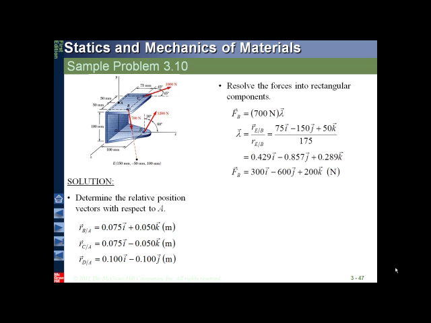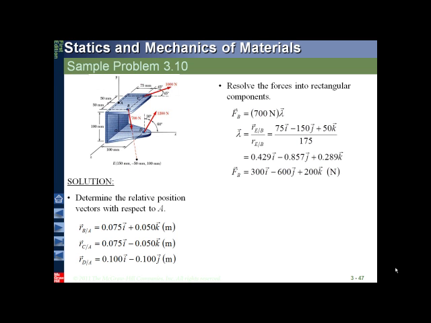In this one, if we take our force vector at B, since it does not act in a plane, it acts along some direction out there in space. I'm going to have to take my force of 700 newtons and come up with this unit vector, lambda.